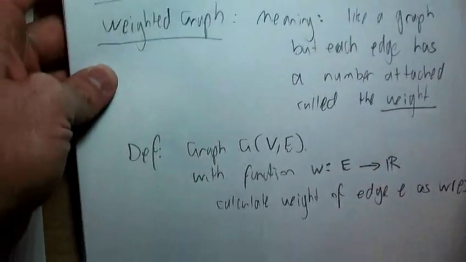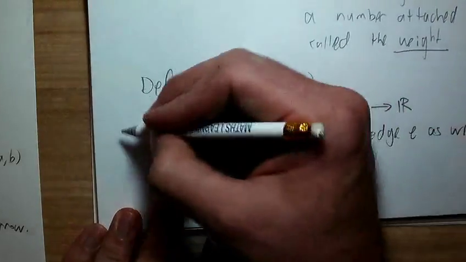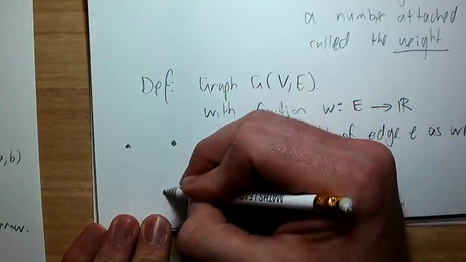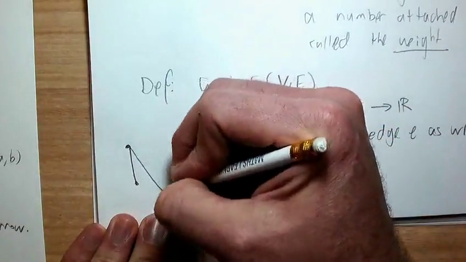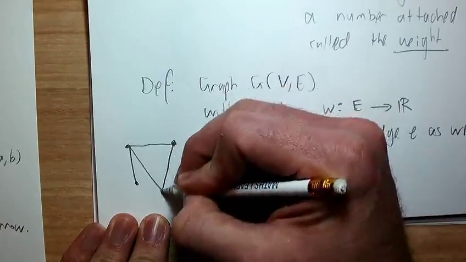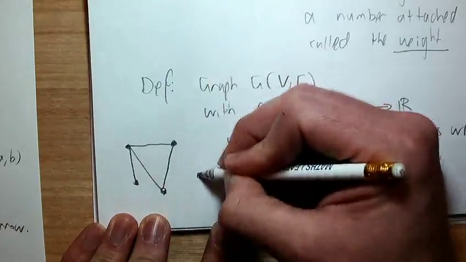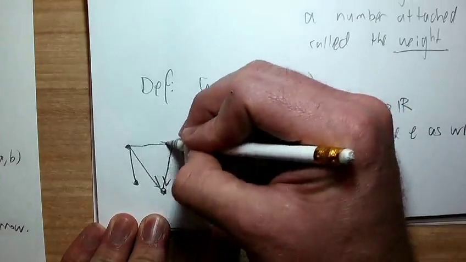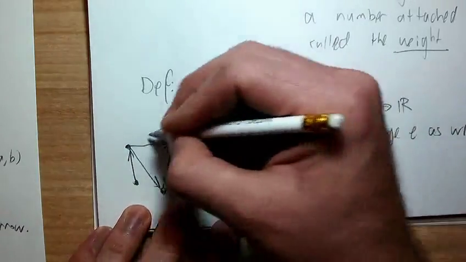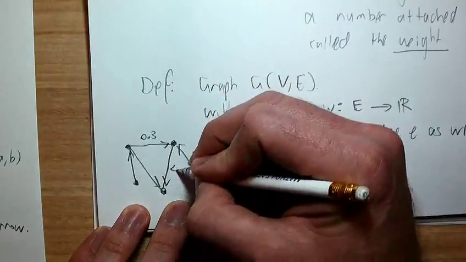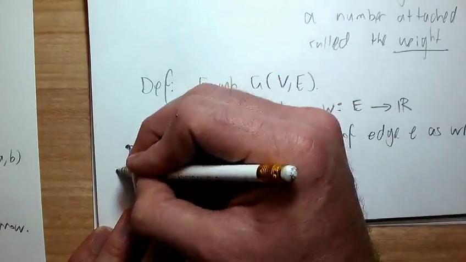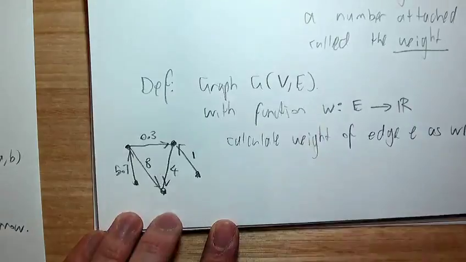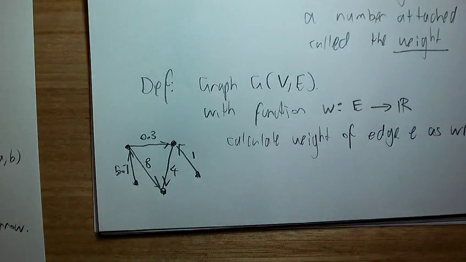And a weighted graph could be any kind of graph, but there'll just be numbers attached to the edges. So maybe this one will be 1, this one will be 0.3, this one will be 4, this one will be 8, this one will be 5.7, something like that. You'll usually see them with whole numbers on them, but there's nothing stopping them from being any number you like.